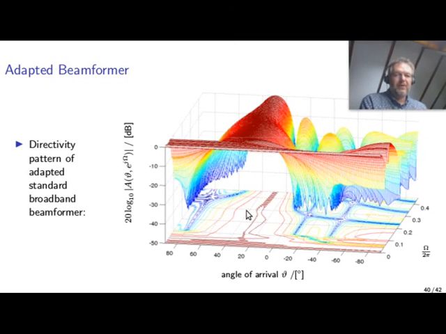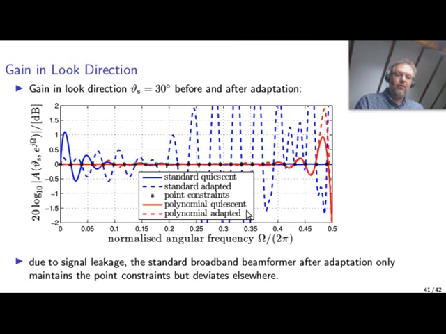So I'll focus on this now, and we look in look direction 30 degrees across frequency, and we check how well our gain of 1 is preserved, so whether our beamformer is indeed a distortionless response beamformer. Along the horizontal axis is the normalized angular frequency from 0 up to half the sampling rate. Remember, at half sampling rate, the fractional delay filters start to break down in performance.